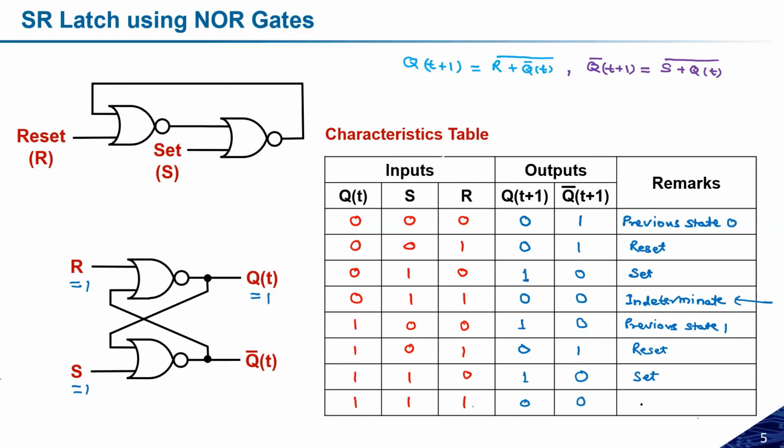Again, this state we call the indeterminate state. These two states are not acceptable in flip-flop designing. So this is all about the characteristic table of the RS latch.